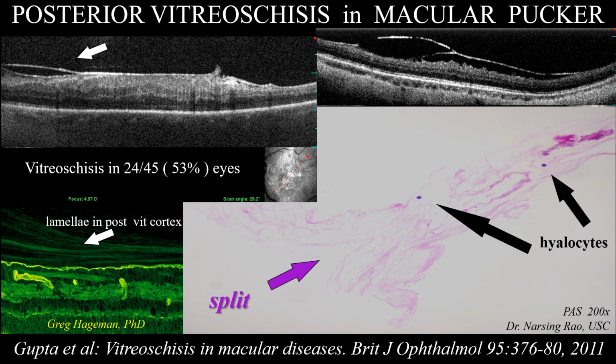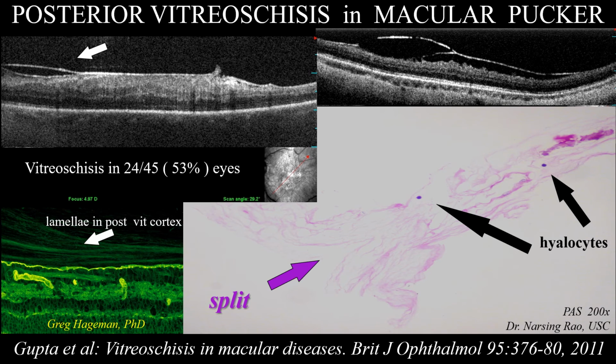Patients with macular pucker have a high prevalence of vitreoschisis. Spectral domain OCT identified this in 53% of eyes, but I predict that swept source OCT and other imaging modalities will identify for us that the prevalence of vitreoschisis in eyes with macular pucker is actually higher than 53%.